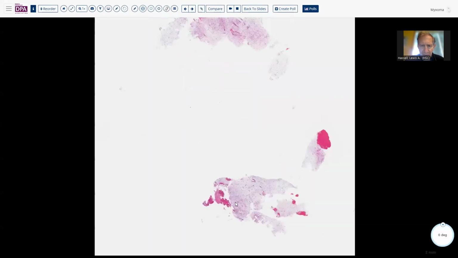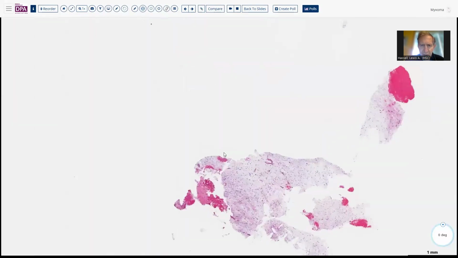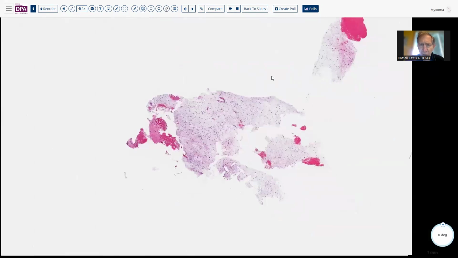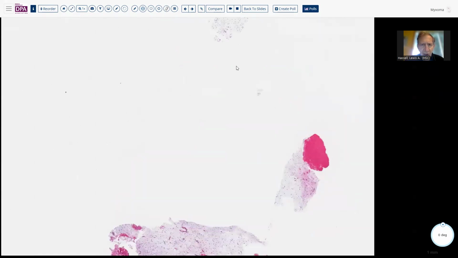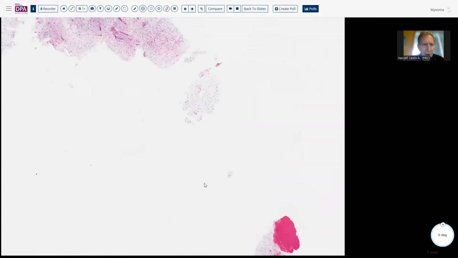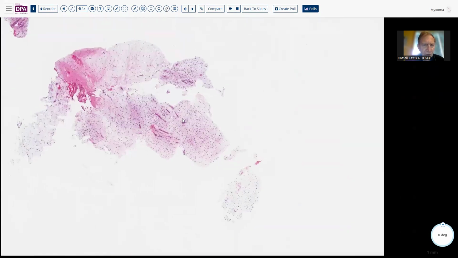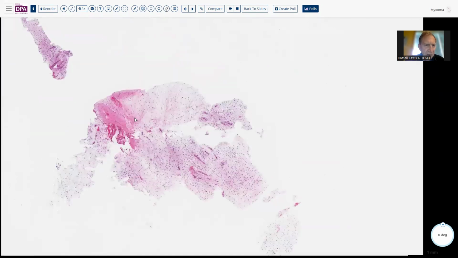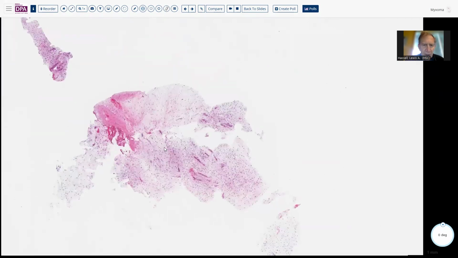You can see that we have low cellularity tissue, a lot of pale blue tissue with some scattered cells within it, a few delicate vessels, as you can see at low magnification here. And also up here, you can see a few scattered thin blood vessels with some areas of more dense fibrous tissue.